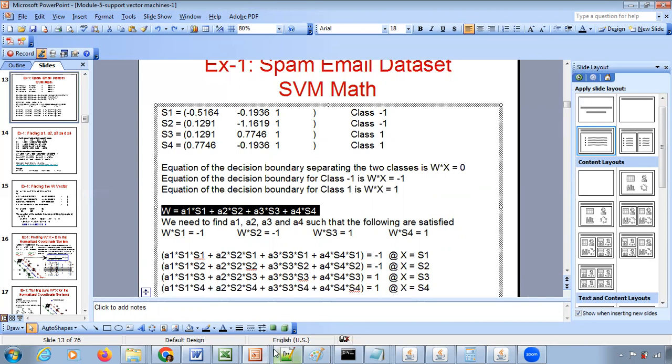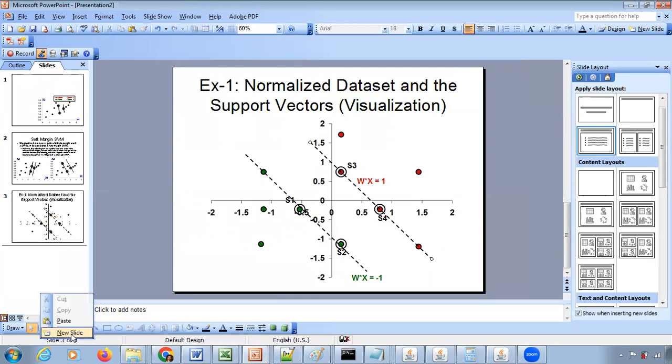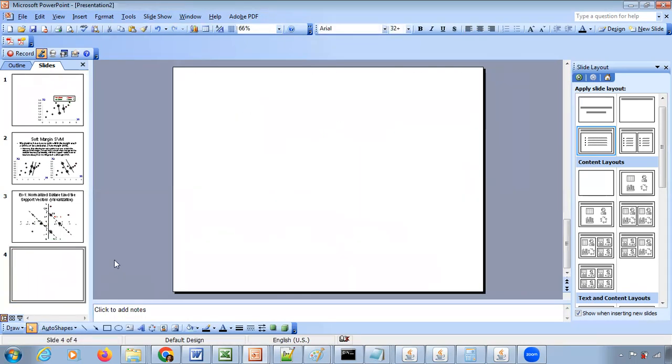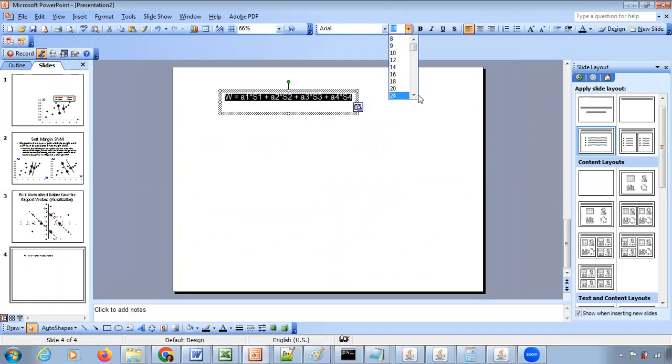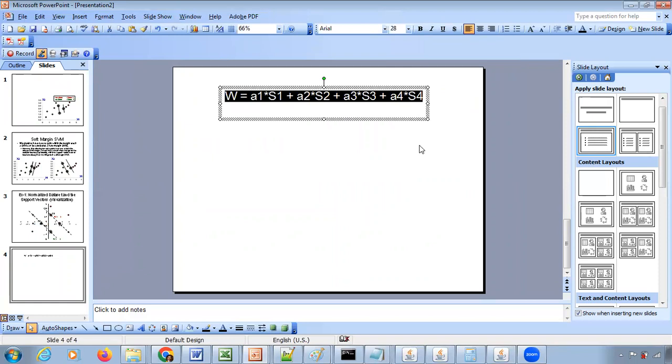I can show a little more detail of the math here, just to make it easier to understand. Again, it's not needed for any exam purpose.